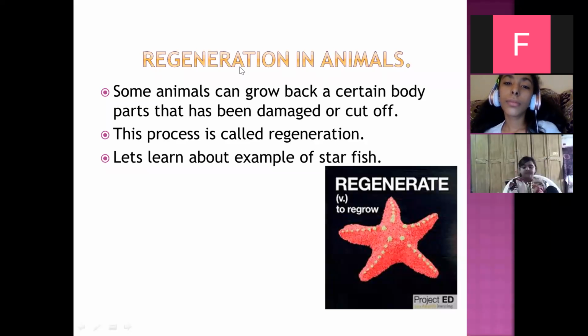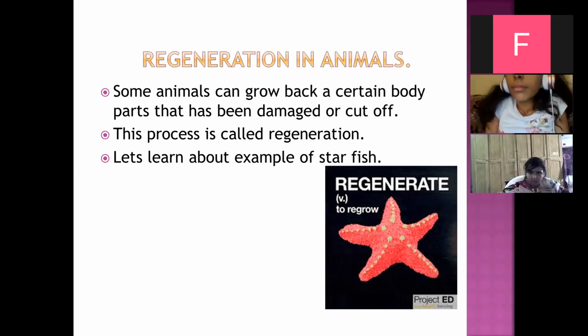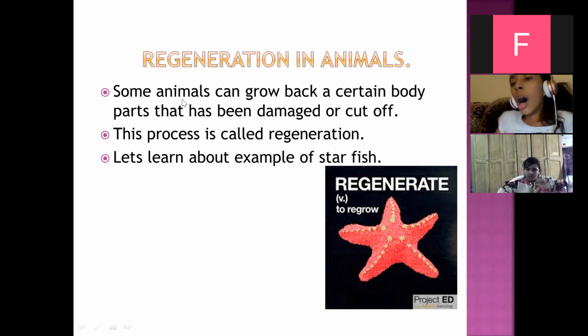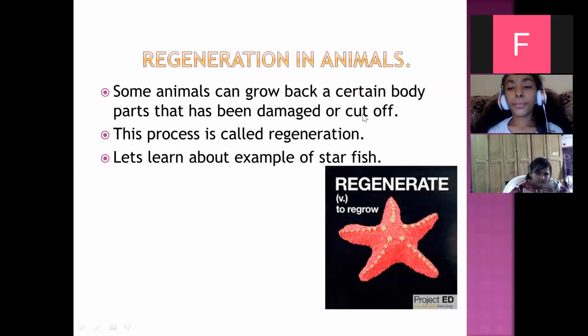It means there is a certain type of different growth in animals sometimes, in which some animals grow back a certain part of their body. Okay, students? So if you look here, some animals can grow back a certain body part that has been damaged or cut off.